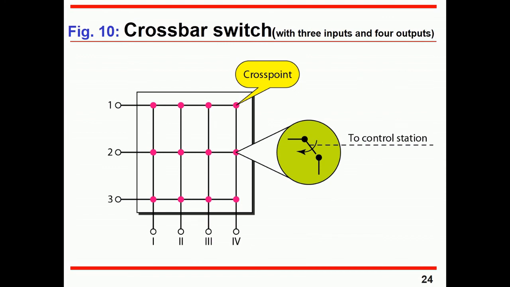A crossbar switch is a basic building block of a switch, a metallic cross point or a semiconductor gate that can be enabled or disabled by a control unit or a control station. It is shown in the figure.